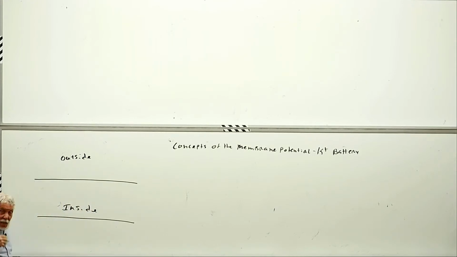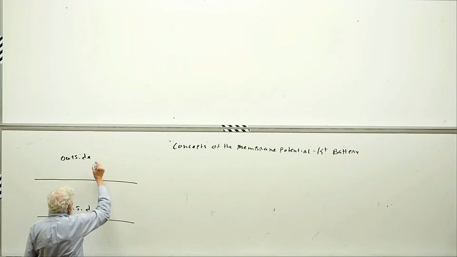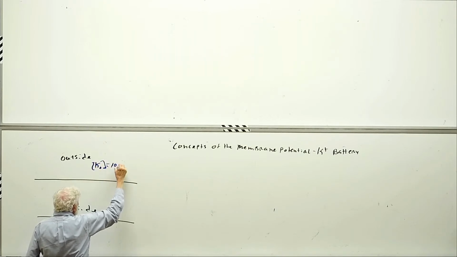Now in this imaginary system, I'm going to add ions. Now, biology doesn't do it this way, but to understand the potassium battery, I think it's easiest to do this one step at a time. And so we're going to say that on the outside of the cell, potassium on the outside is equal to 10 millimolar.